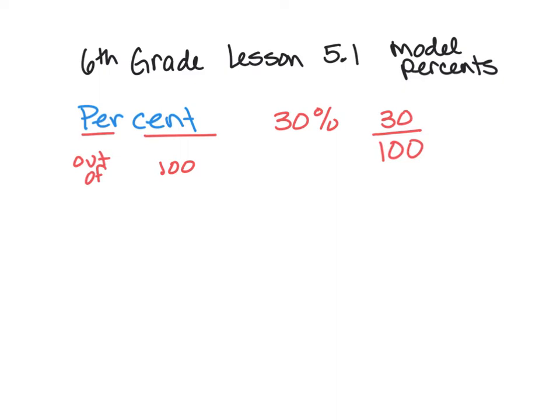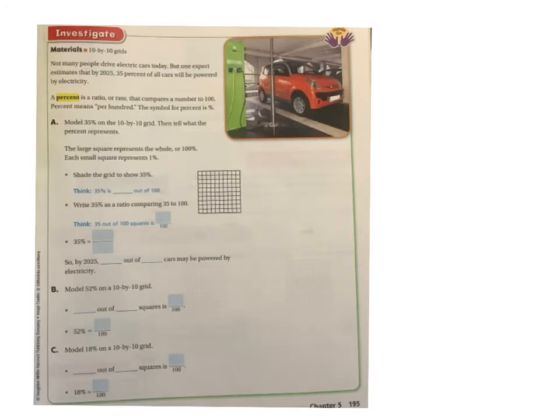Let's take a look at the first investigate information in our book. They talk about these little smart cars or electric cars here, so let's read about it. Not many people drive electric cars today, but one expert estimates that by 2025, 35% of all cars will be powered by electricity. Let's circle that percent. What they're saying there is 35% of all cars.